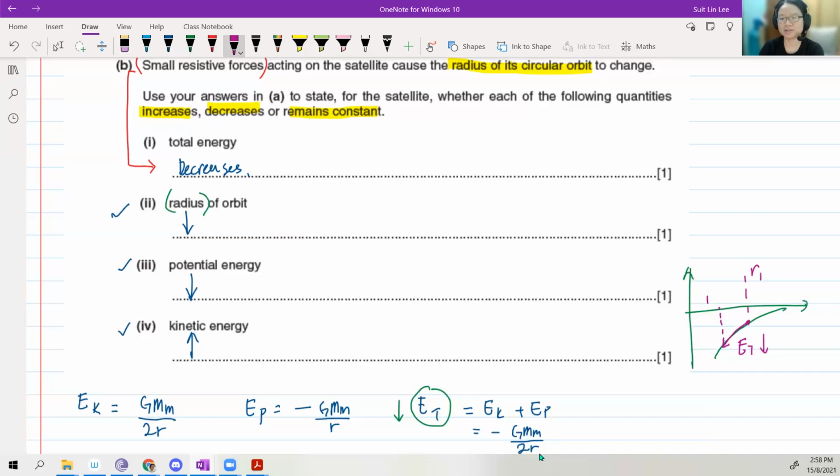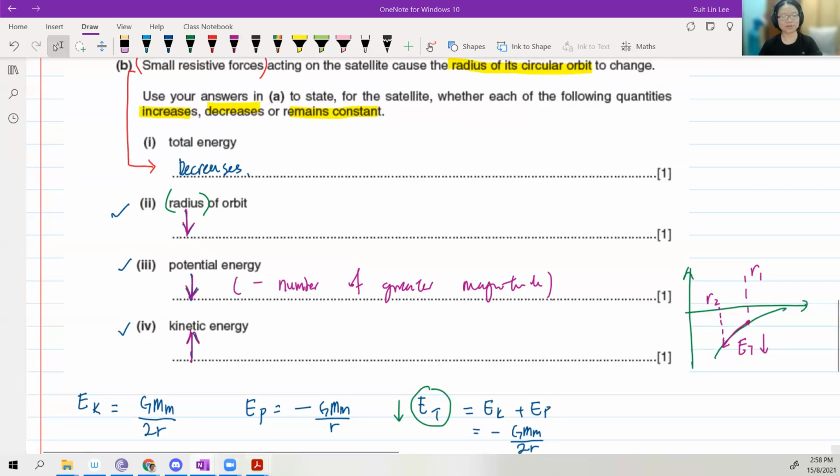Maybe this is r1, this is r2. So once you know the radius decreases, you can just plug it into the other equations. If this r is smaller, this E_P is a negative number of greater magnitude, so it still decreases. And then your kinetic energy will increase. Great, good job.